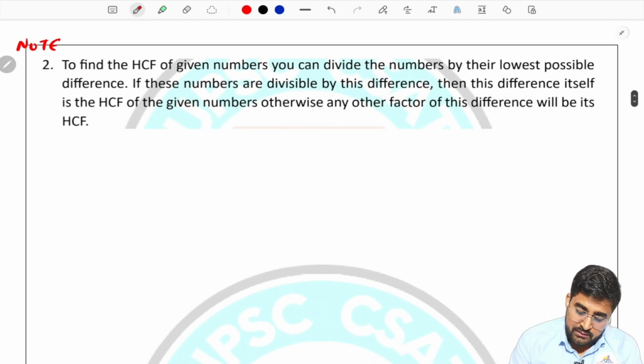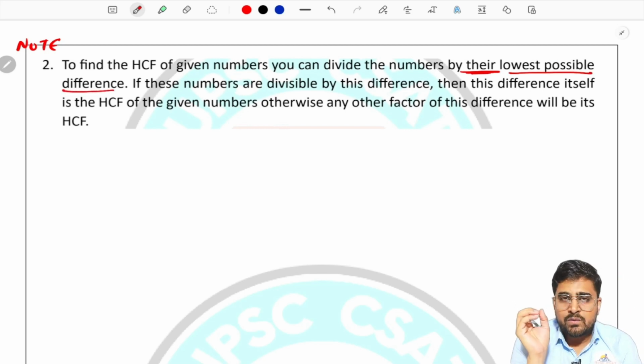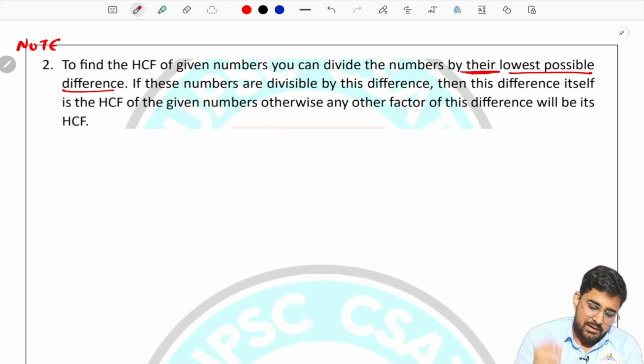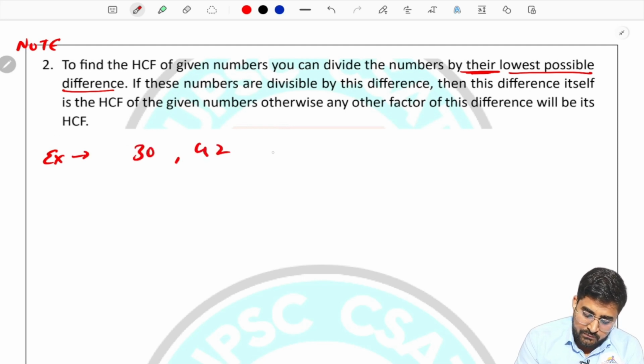To find the HCF of given numbers, you can divide the number by their lowest possible difference. It will always be good to start with an example. Let's take an example with very easy numbers so that we can solve them easily, and take one big one.